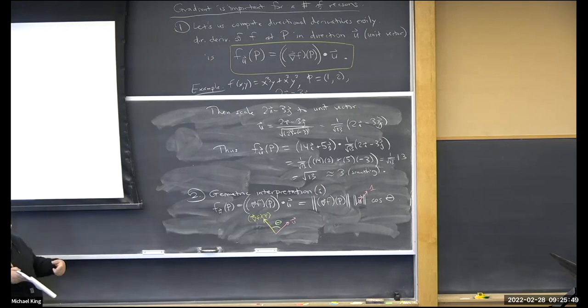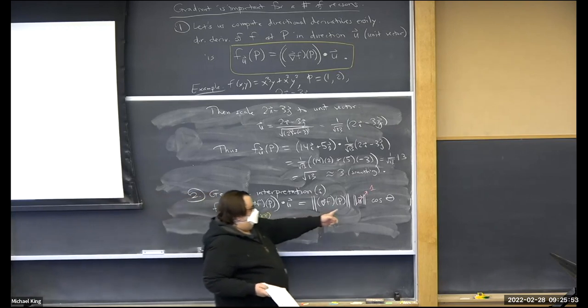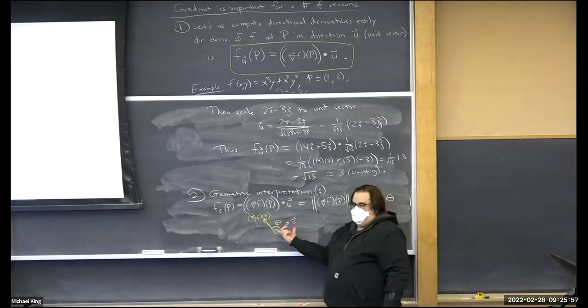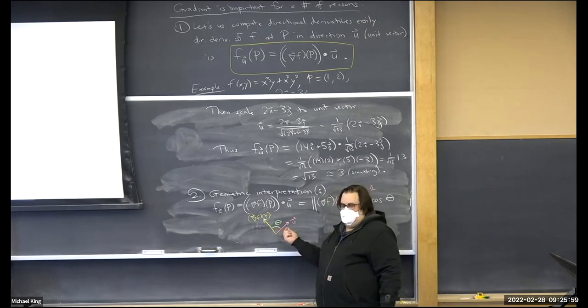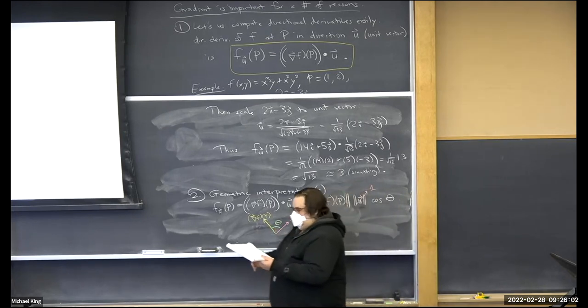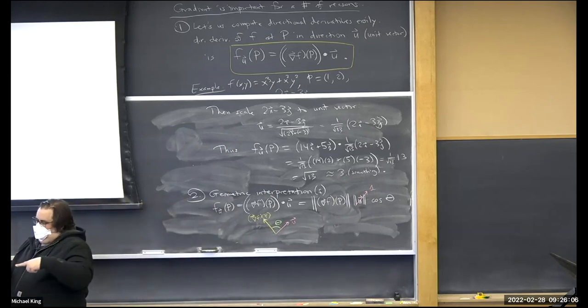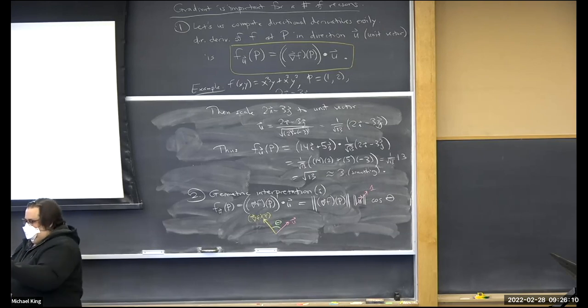The most cosine could be is 1, and that's when these two are pointing in the same direction. So this direction is the direction where I would go straight up the ramp, pointing directly into the ramp.